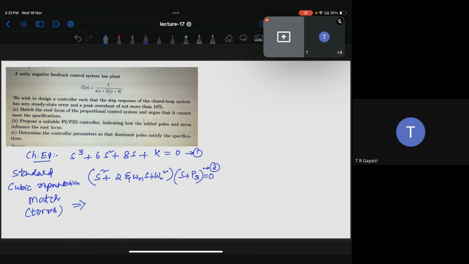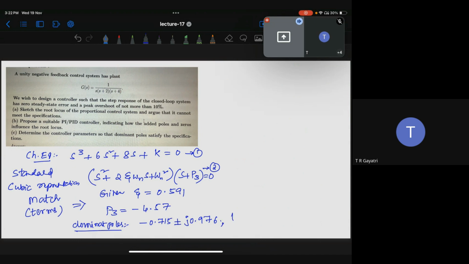We already know that zeta is equal to 0.591. If you match the similar terms, we will be getting P3 as minus 4.57, and we will get the dominant poles as minus 0.715 plus or minus j0.976.